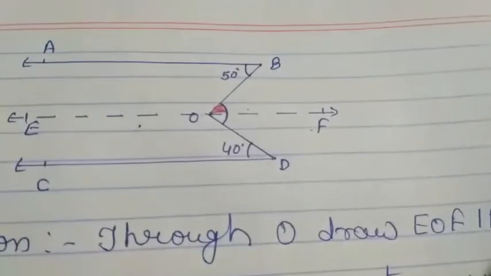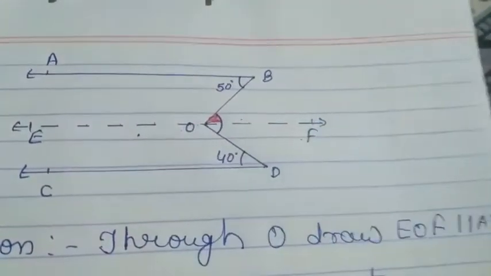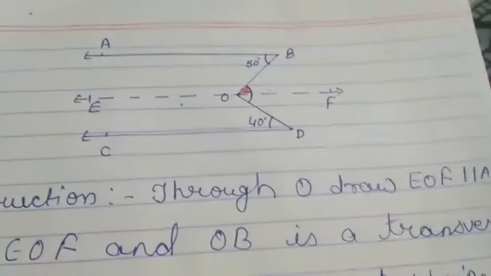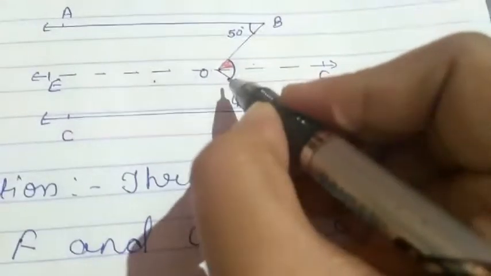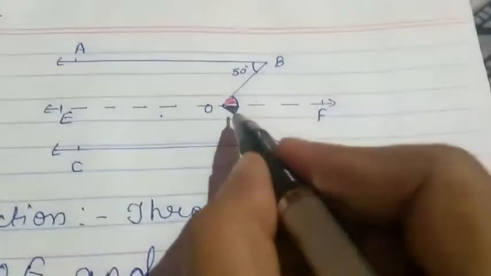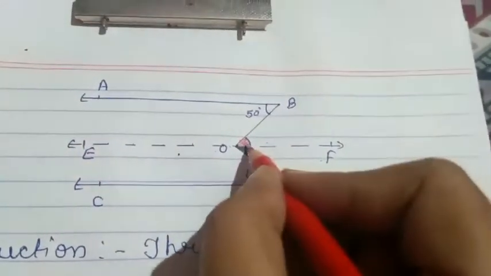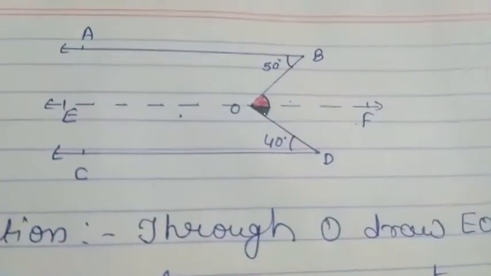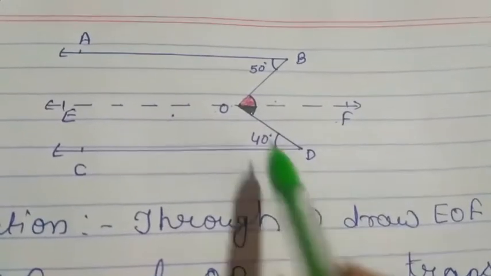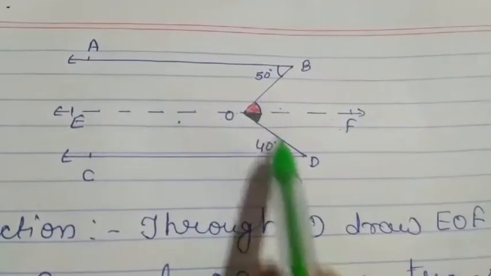DOF, that means which angle? Just zoom it. DOF, that means I color it by different color, black color. Okay, that means this. So you can see, I'm talking about black, this angle, which is colored by black.